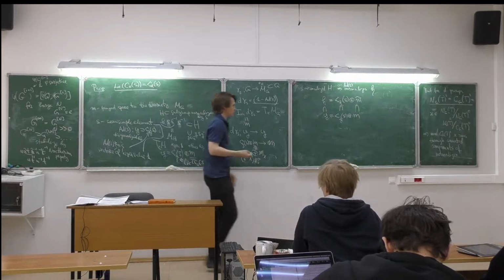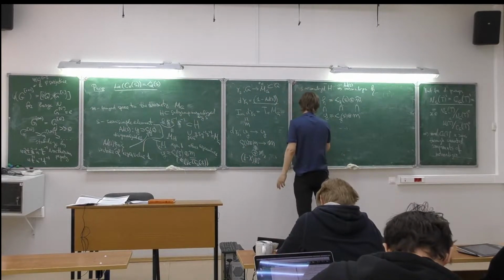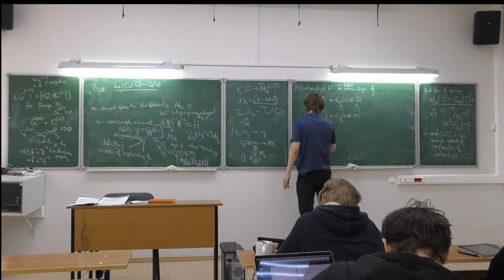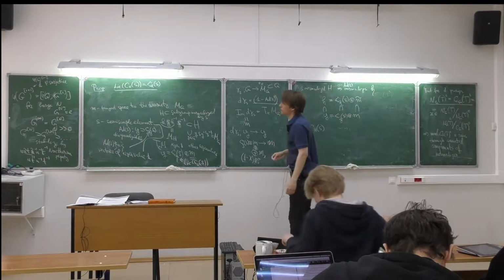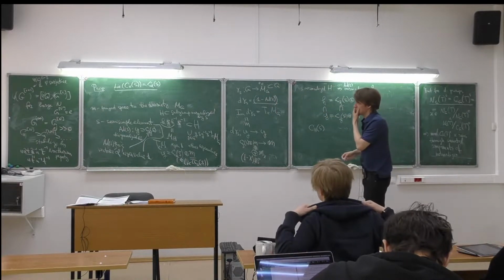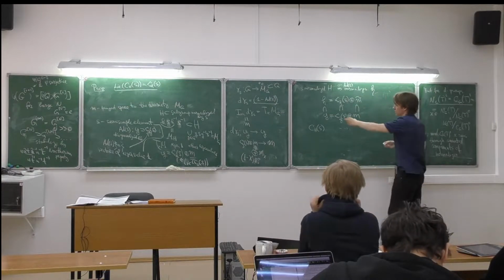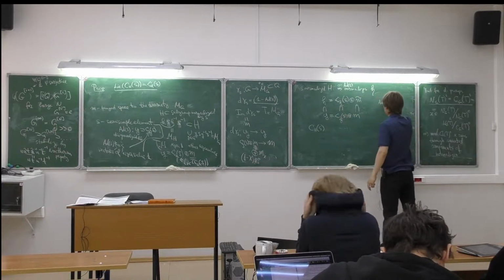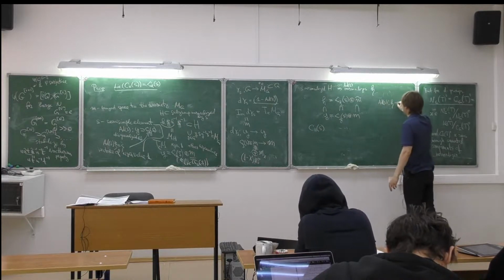And the argument is as follows. Notice that C_H(S). Could you repeat how C_H in the algebra is defined? It is just the set; the adjoint action of S maps H to itself.